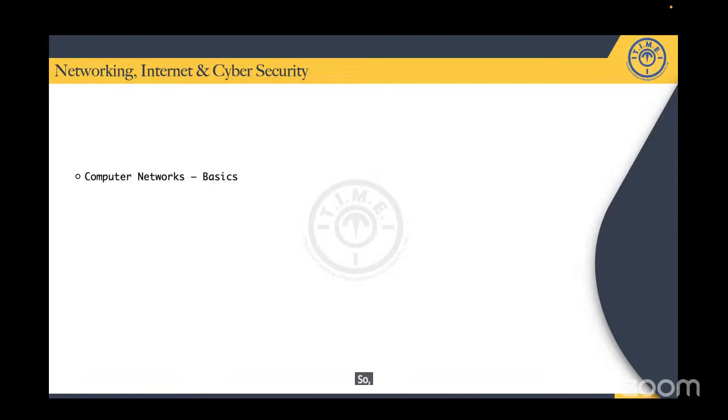So networking, cybersecurity, all these things, we can put in this bucket. Now we move to networking and internet, one of the highest scoring sections.